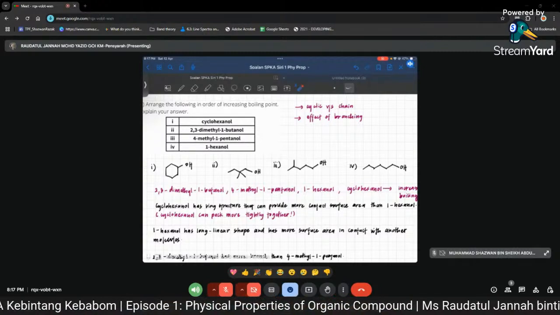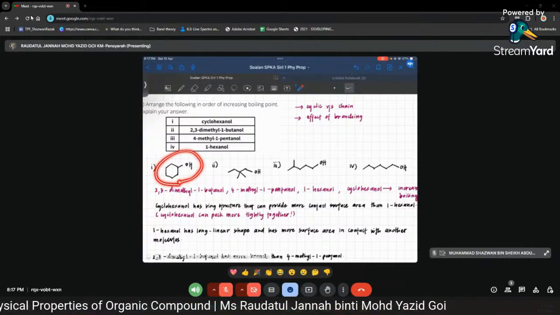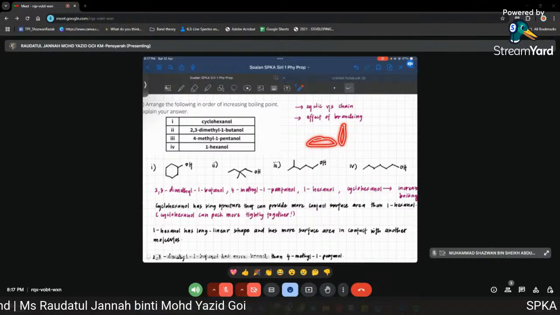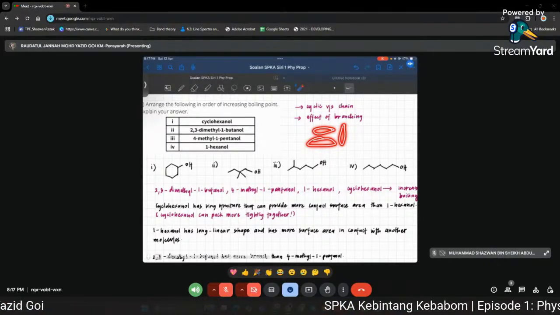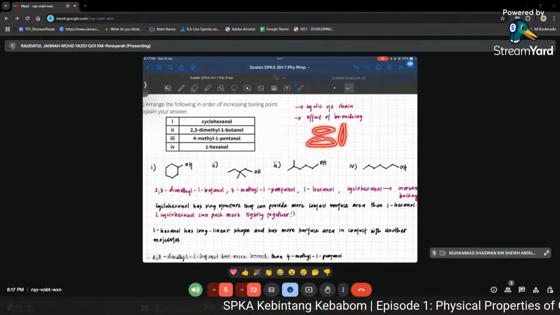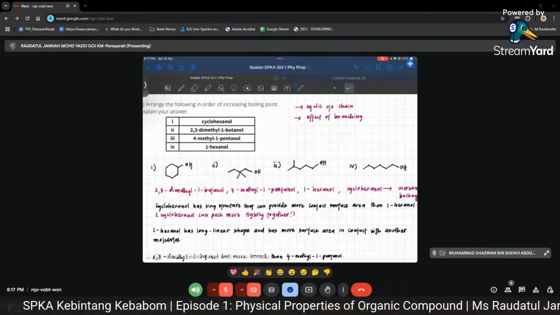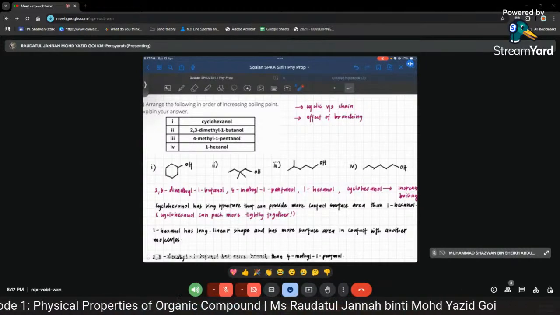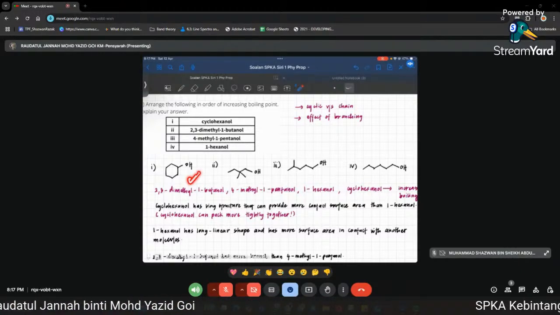you should know you punya ring structure here, it's kind of like you can imagine it as someone yang boleh susun macam ni, and macam ni. So actually, ring structure have a more compact structure compared to long linear structure. Okay, so by that, in other words, kalau you ada the same number of carbon, but one of them is cyclic and one of them is a straight chain, cyclic structure will have stronger intermolecular forces.